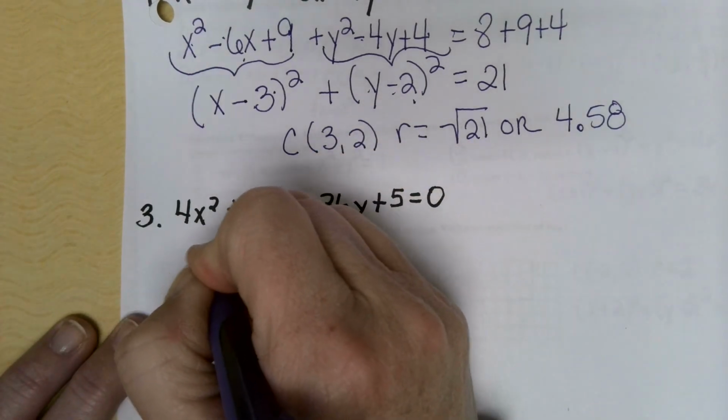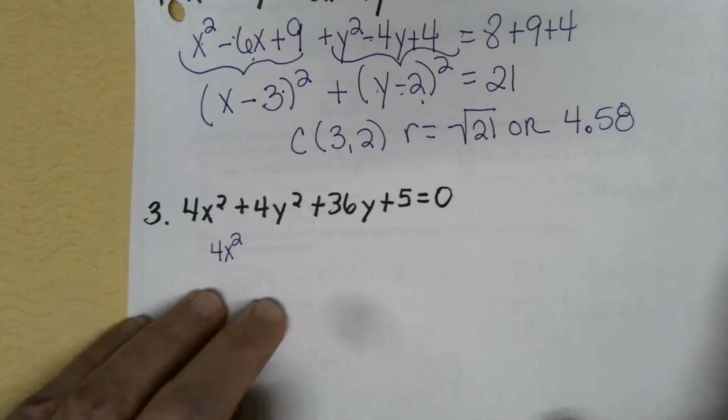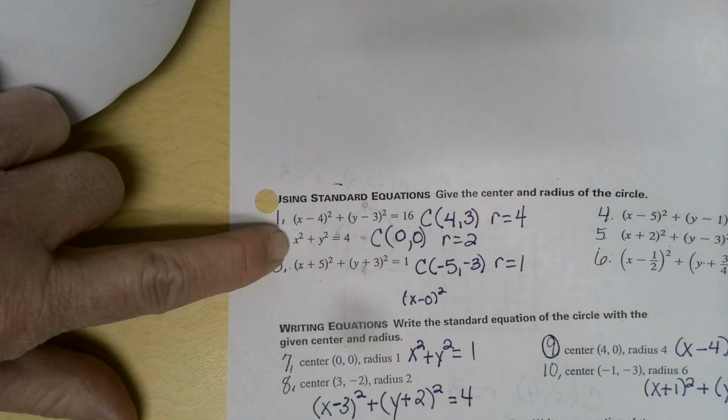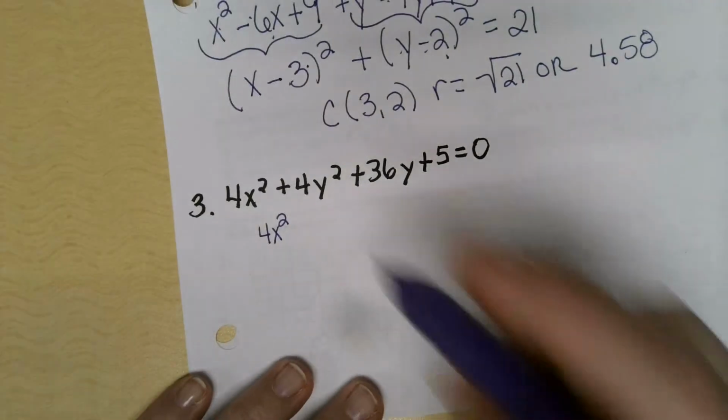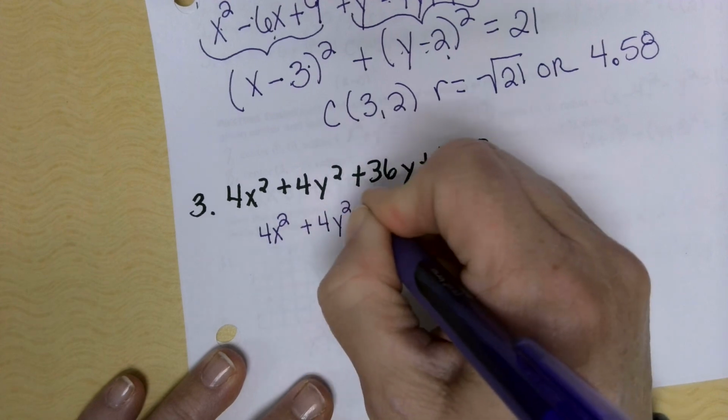Okay, so I've got 4x squared. Because there's no other x's here, this is going to be one of those that looks like this. Eventually it will have just the x squared. We do have the 4y squared, the 36y.